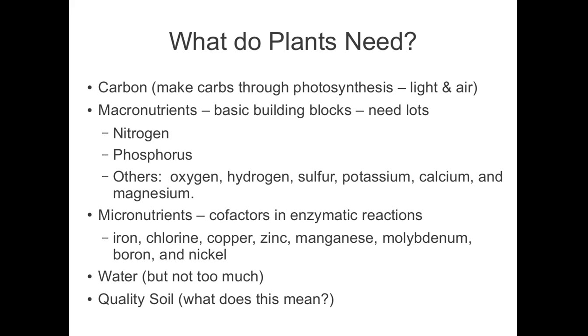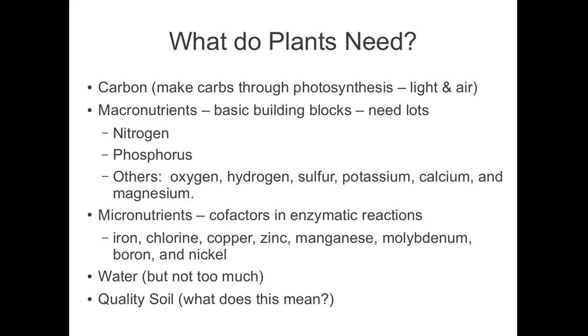And we also like to eat these starches. So the starches you find in a carrot or a stalk of celery, that's the carbon that the plant has brought out of the atmosphere and fixed into biomass.